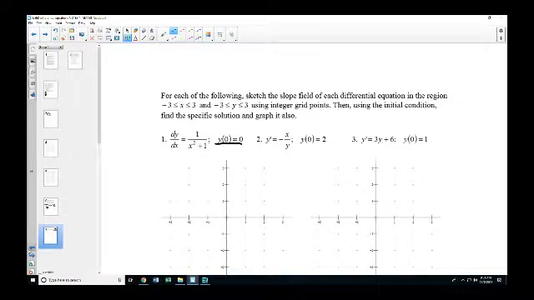So it's the same process as before, we just have one extra step. So, you separate. Let's do this one.